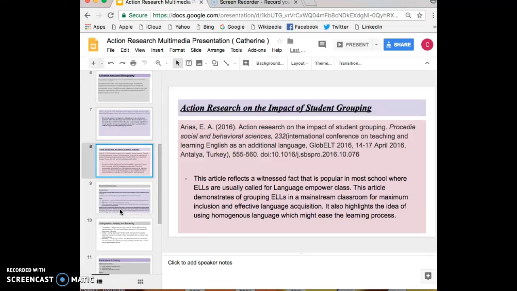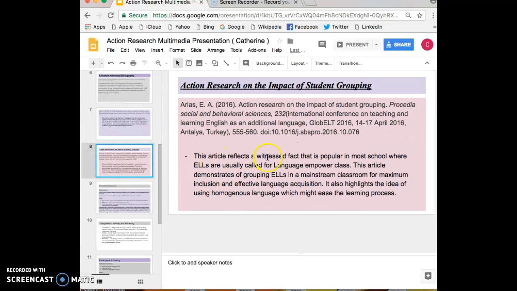Arias, E.A., 2016, Action Research on the Impact of Student Grouping, Procedia Social and Behavioral Sciences, 232, International Conference on Teaching and Learning English as an Additional Language, Globelt, 2016, 14-17 April 2016.